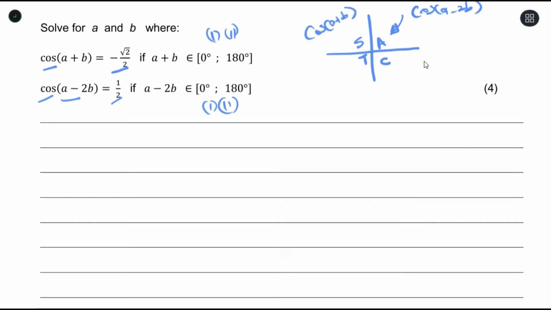Okay, so now let's try finding A plus B. So what we can say is this. Now, if I'm trying to get A plus B, I can move the B over to the other side. So this is what I'm going to get.